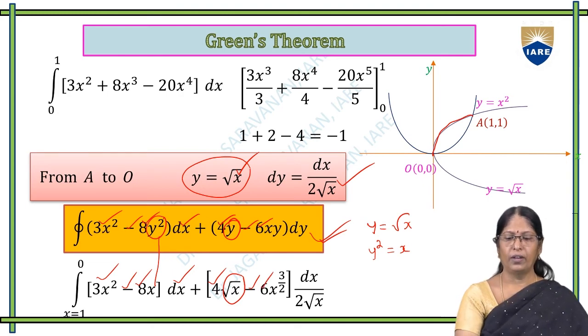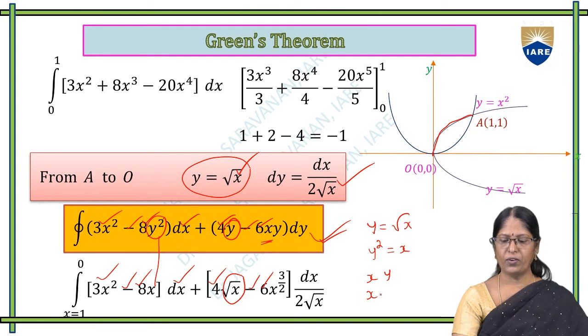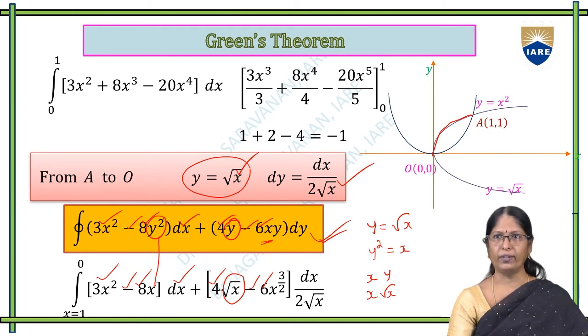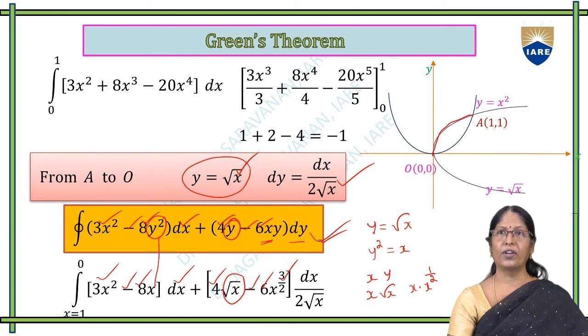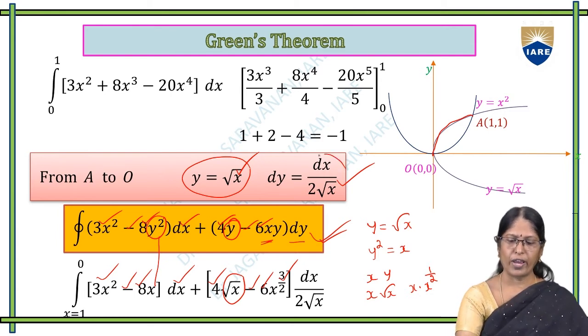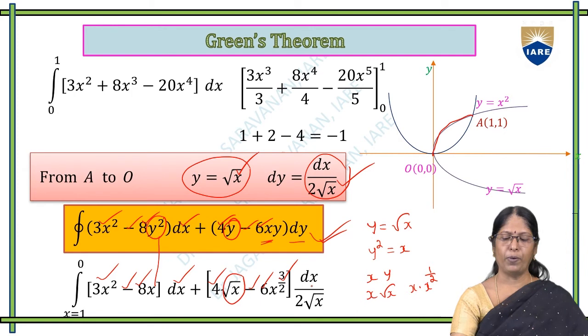Whereas here x is there, actually xy. y is replaced by root x, that is x into x power 1 by 2. 1 plus 1 by 2, it's nothing but x power 3 by 2. This dy is replaced by what I am circling, dx by 2 root x.